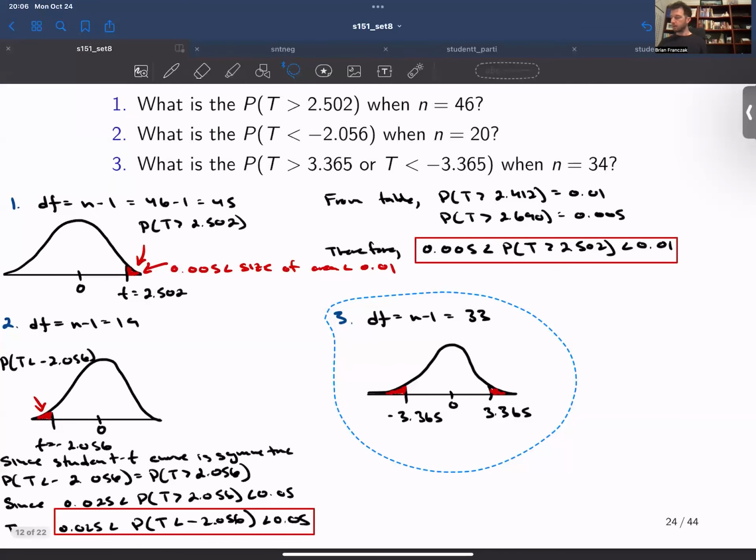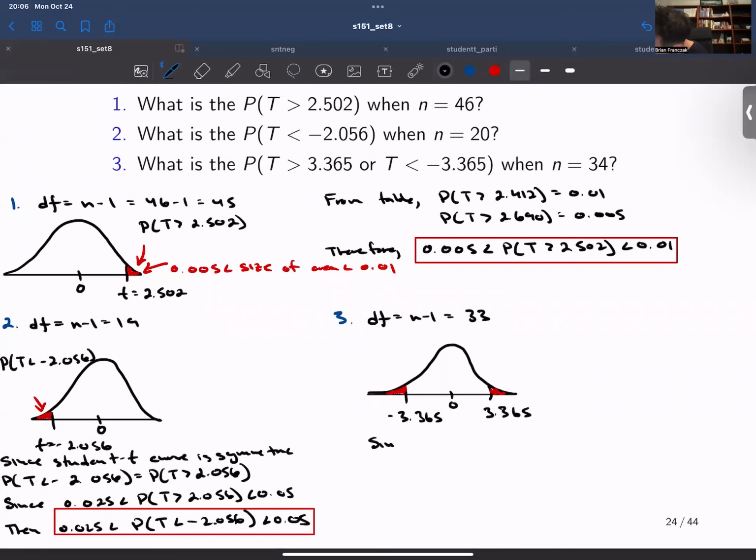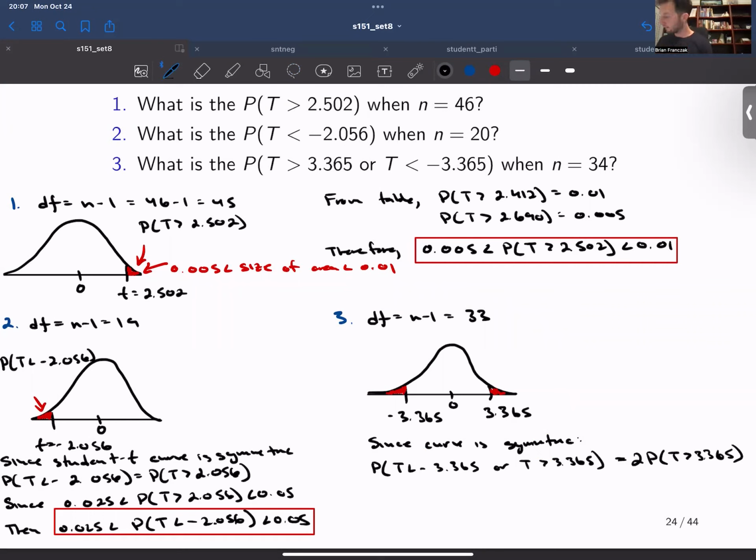All right. So I can say, same idea. Since the curve is symmetric, the probability that t is less than negative 3.365 or t is greater than 3.365 is 2 times the probability t is greater than 3.365.